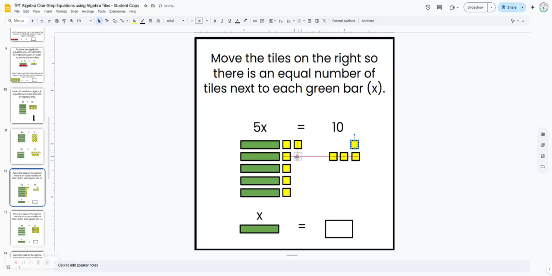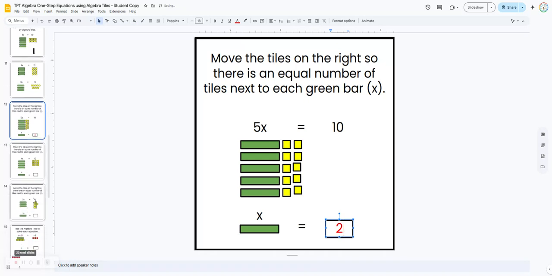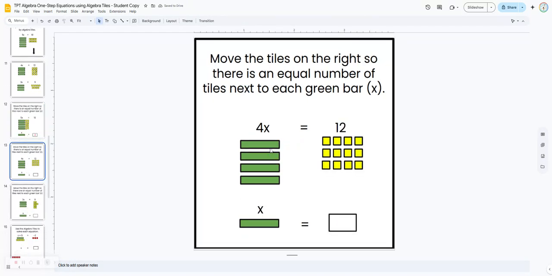And then after I've done that, now I can see what x equals. x is going to equal 2. So I'm just going to type in a 2. So that's all they have to do. The next slide, same thing. They're going to move these 12 tiles so there's an equal number next to each x. And then we're going to solve for x.